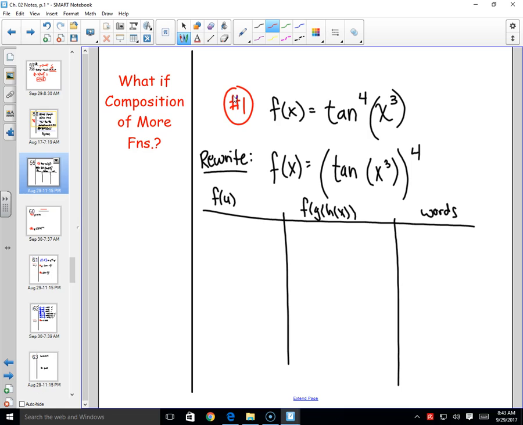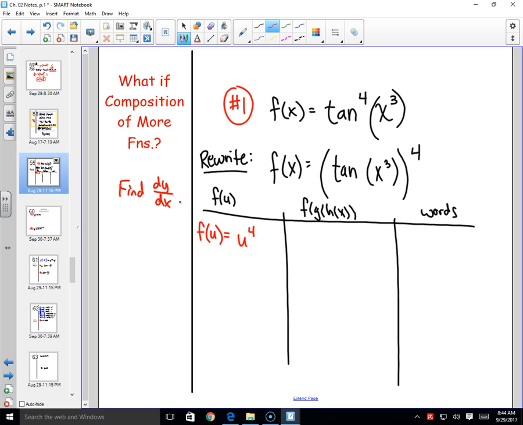To find the derivative of all of these, my objective once again is to find dy/dx, right? I have to take it one step at a time. So on this one, my f of u is u to the fourth. Do you guys agree? Yeah.